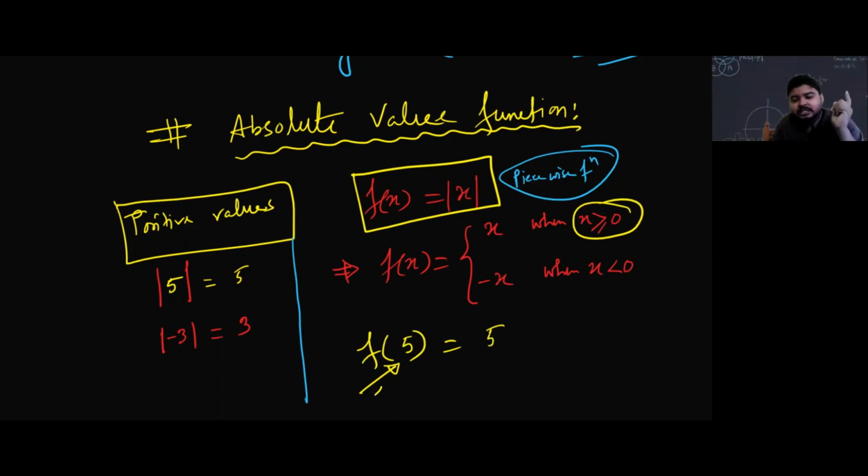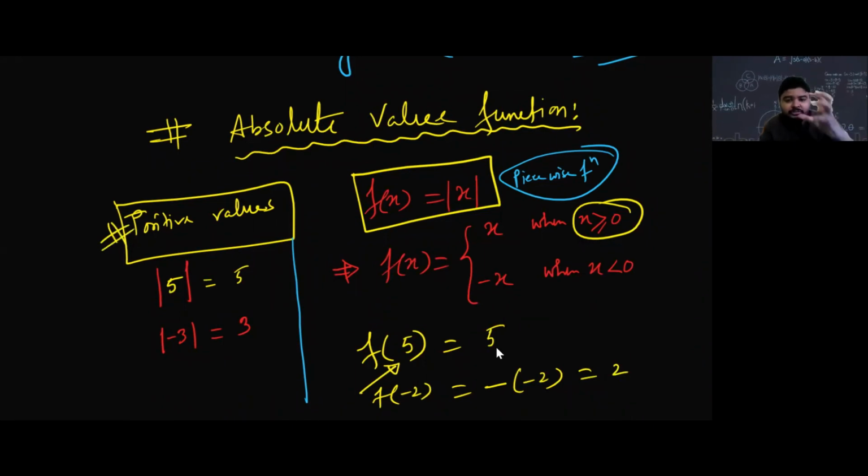Now suppose I choose f of minus 2, so x is minus 2. That is less than 0, so this satisfies the second condition. Minus x, because x is minus 2, will finally be plus 2, and that is the definition, all positive numbers. Got it? Absolute value gives you only the values.